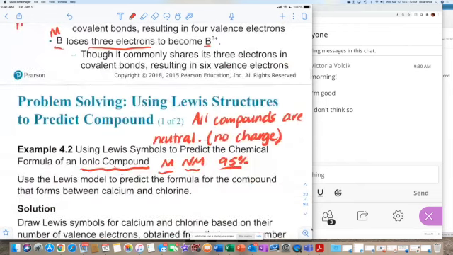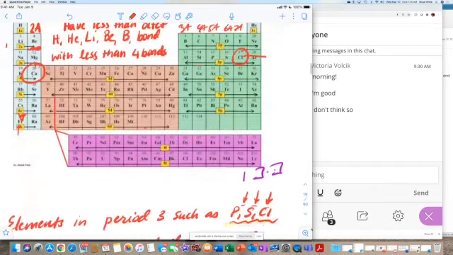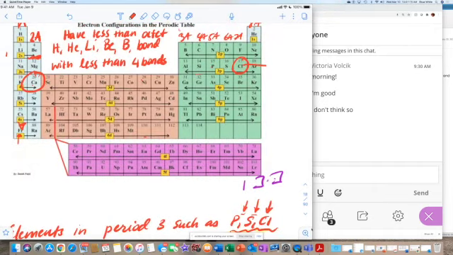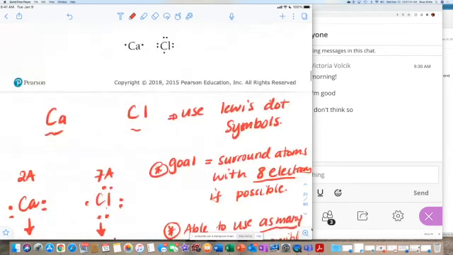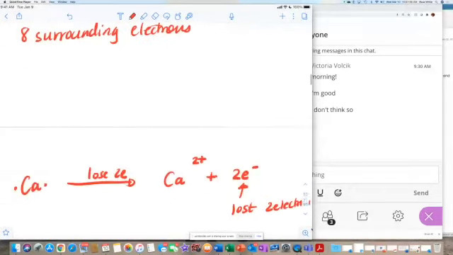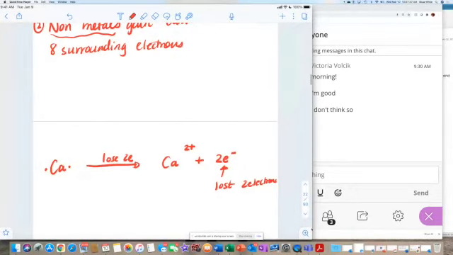So let's go back here. I need to copy the periodic table again. Calcium is right here. Y'all see that, right? So calcium has 20 electrons and it's on the 1, 2, 3, 4 energy level, right? 20 electrons. That means calcium, being energy level 4, essentially looks like this.